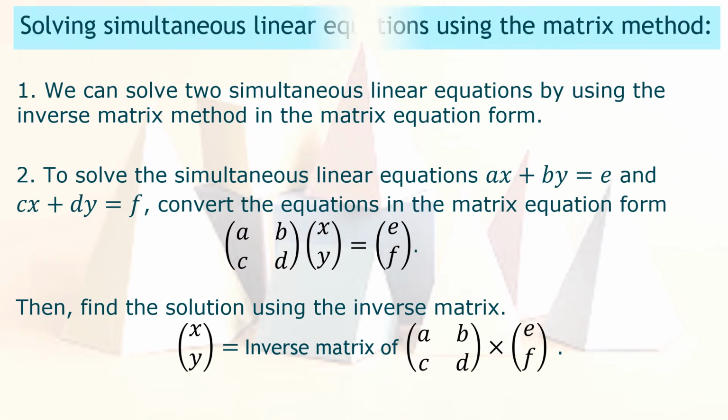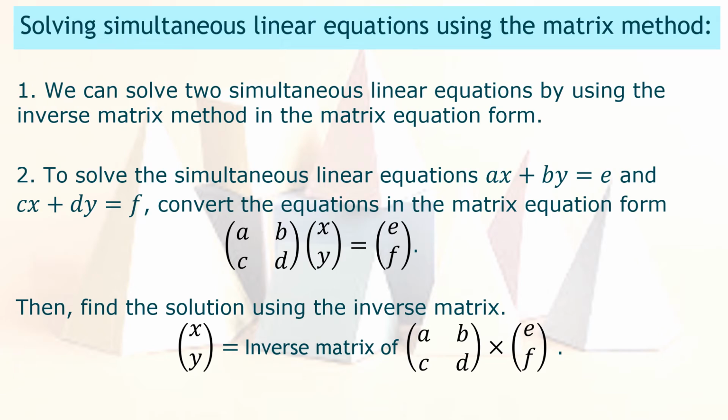So these are the things that we need to consider in solving simultaneous linear equations using the matrix method. The first one, we can solve two simultaneous linear equations by using the inverse matrix method in the matrix equation form.